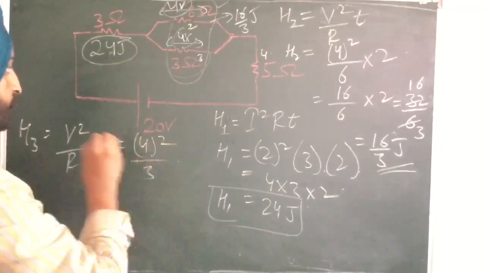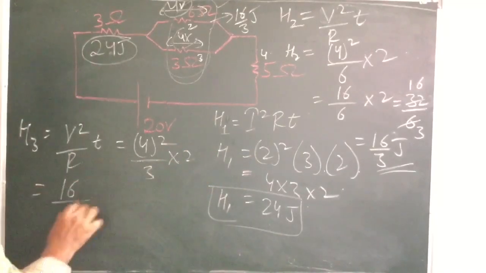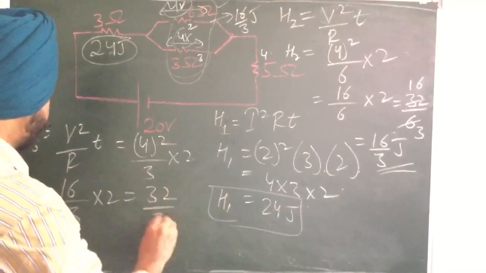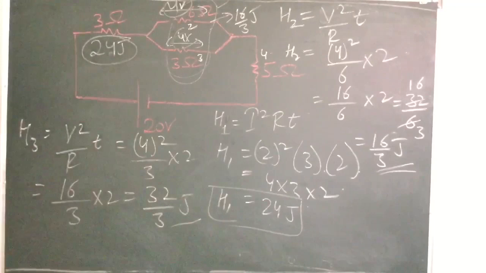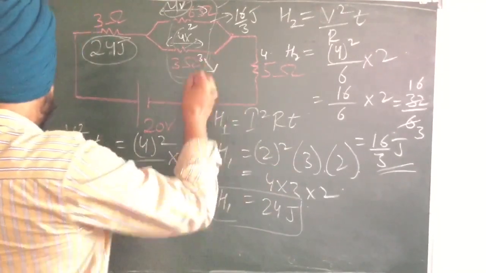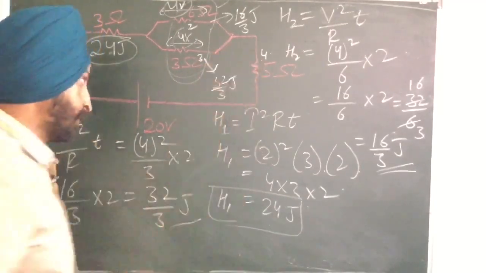Resistance over here is 3. Time is of course 2. And it will be equal to 16 by 3 into 2. So 32 by 3 joule is the answer for heat produced in this 3 ohm resistor. So it will be 32 by 3 joule.